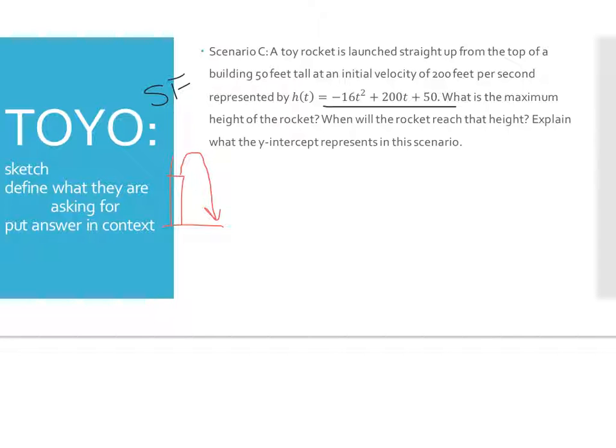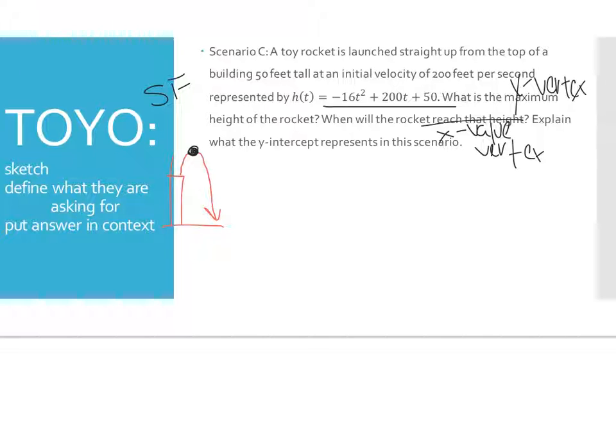They want to know the maximum height of the rocket, so that's the y value of the vertex. They want to know at what time the rocket will reach that height, so that's the x value of the vertex. And then explain what the y-intercept represents in this scenario.